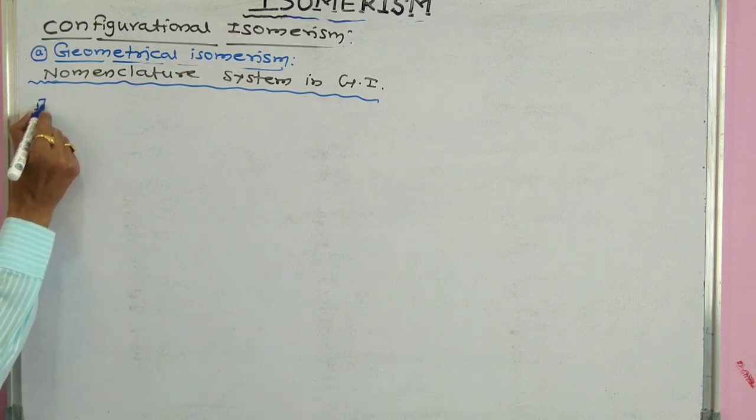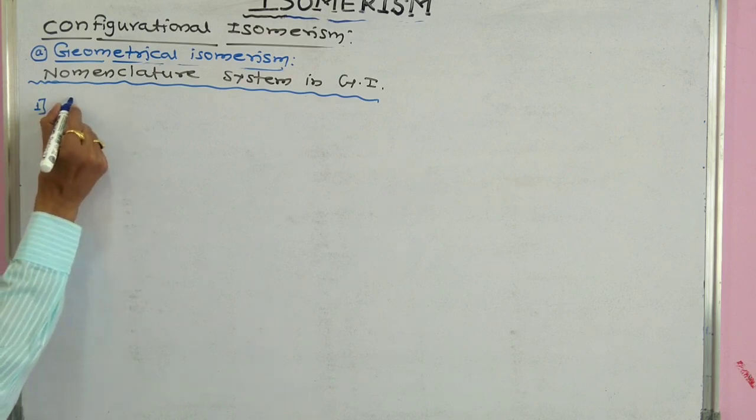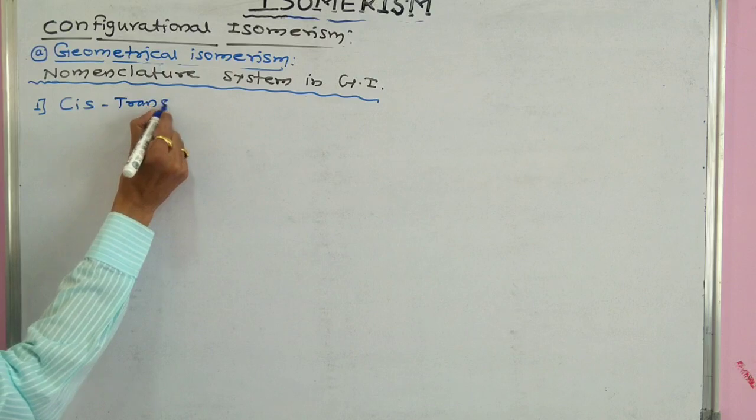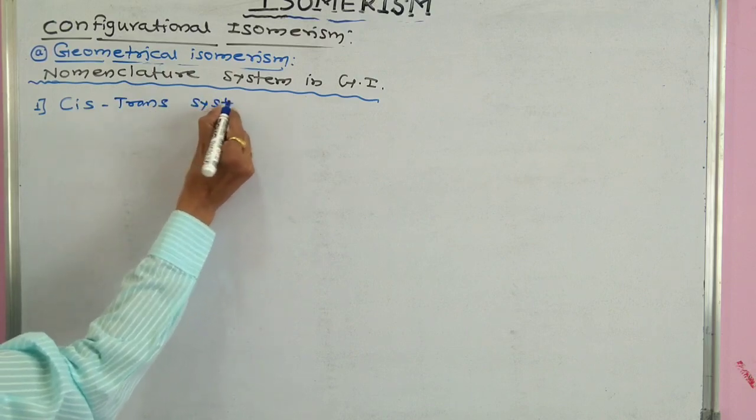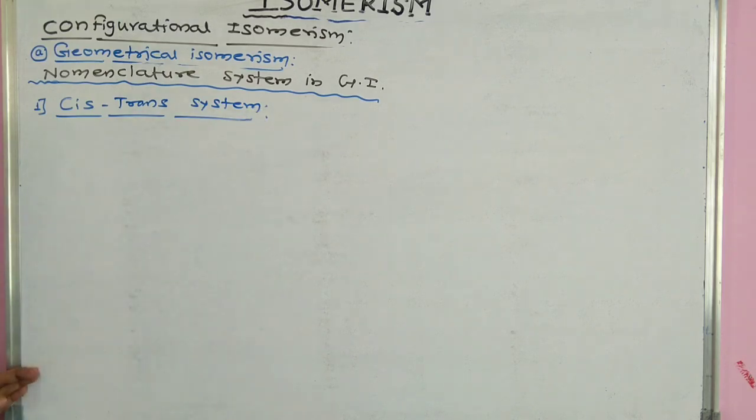Number one is the cis-trans system. So the first nomenclature system is the cis-trans system.